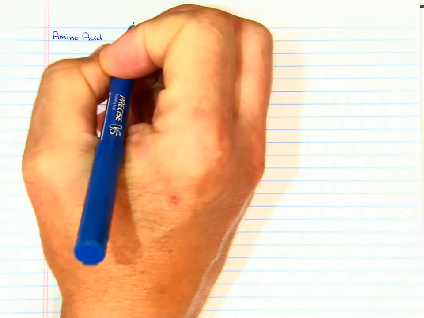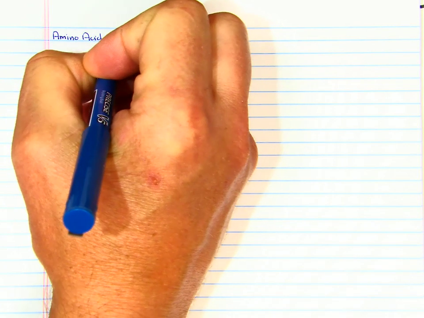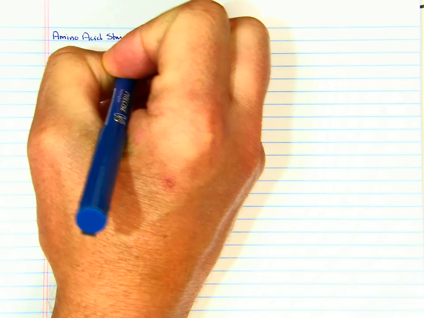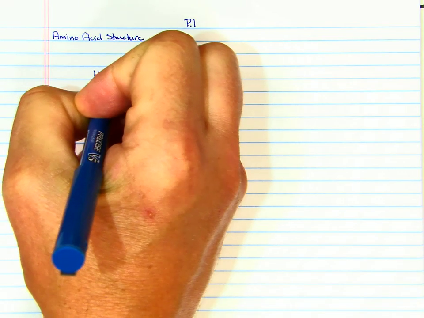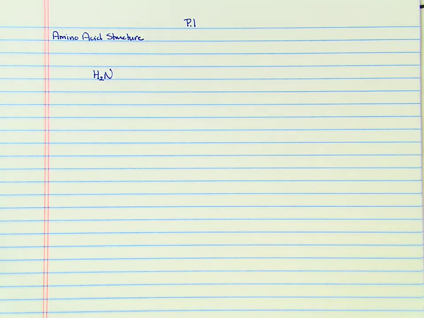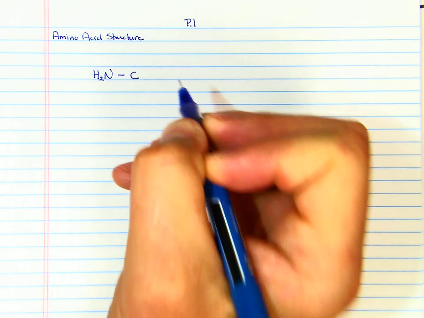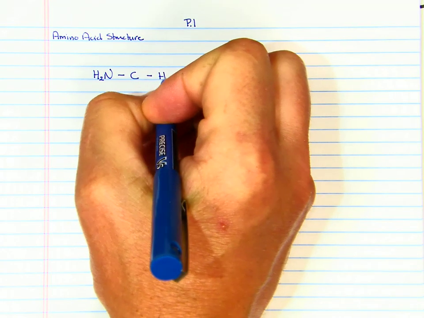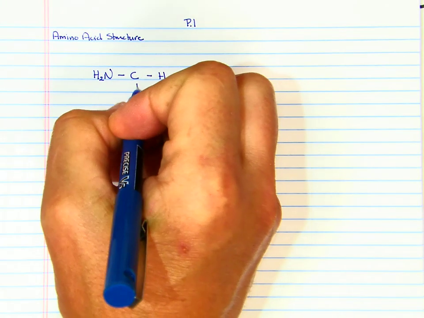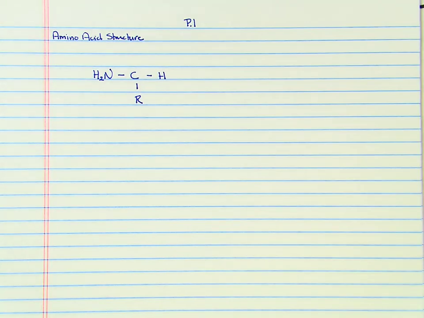Amino acids have a structure, and they all share some components. The first thing is they have an amine group, the NH2 group. They have an alpha carbon, which is the carbon in the center of the molecule. Generally we have a hydrogen. We have an R group, and the R groups differ between the amino acids.